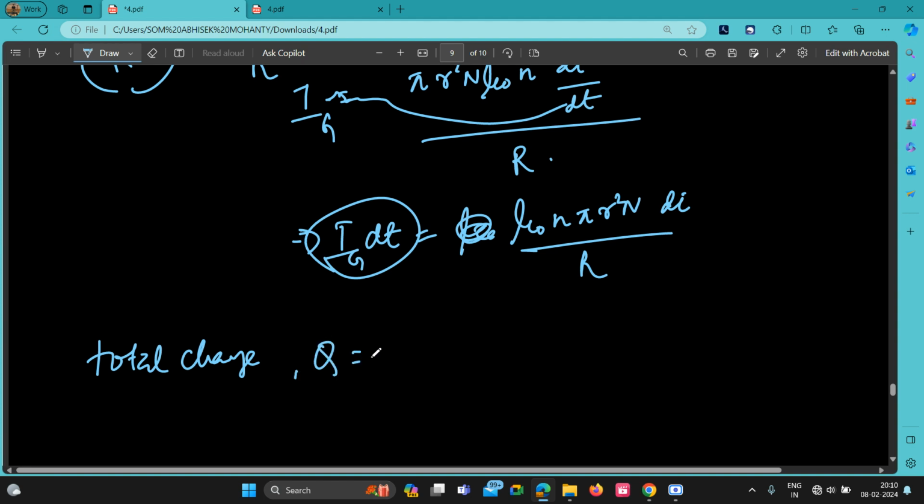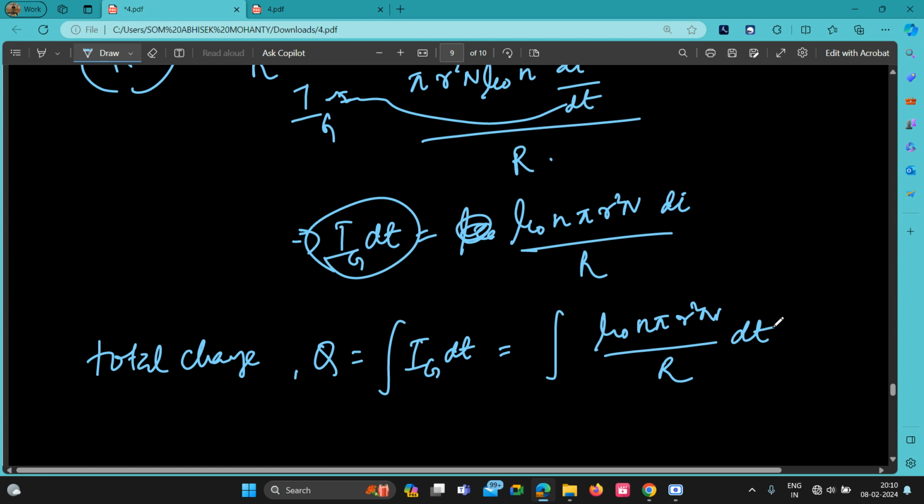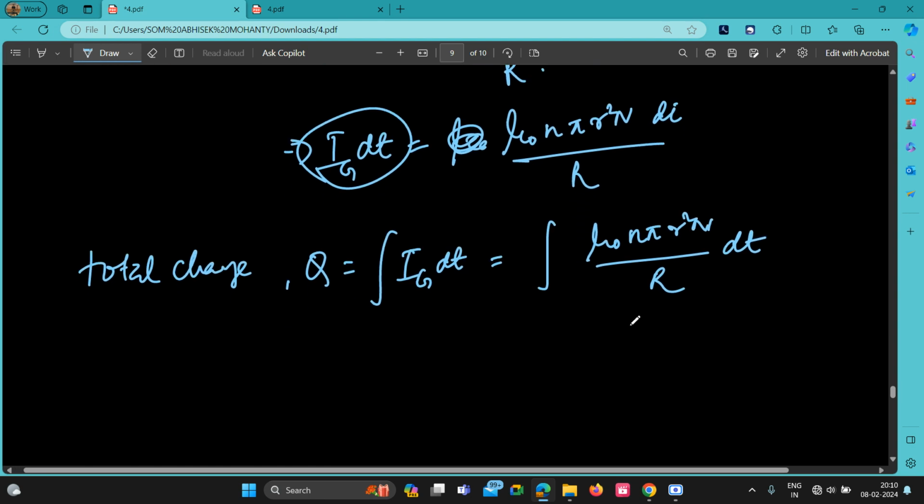So Q is equal to the integration of I dt, which is the integration of mu naught n pi r square N by R di.